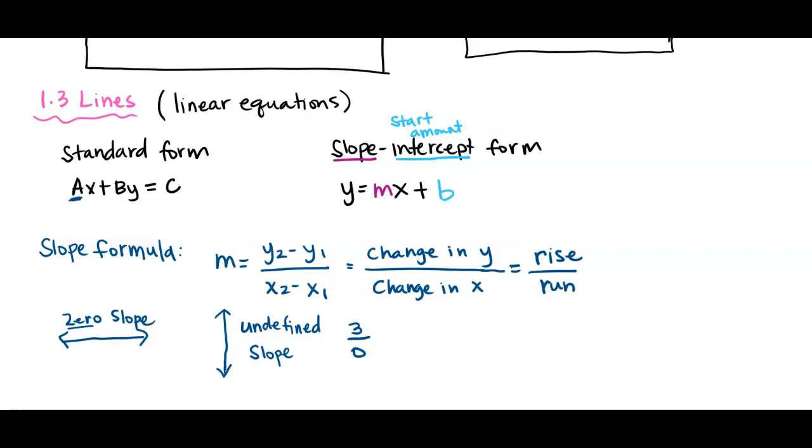Some calculators will just say error. Everybody says it a little bit differently, but it won't give you an answer, because we can't divide by 0. So that's what's happening on these lines. Notice our run is not moving left or right any. That's where that 0 is coming from.